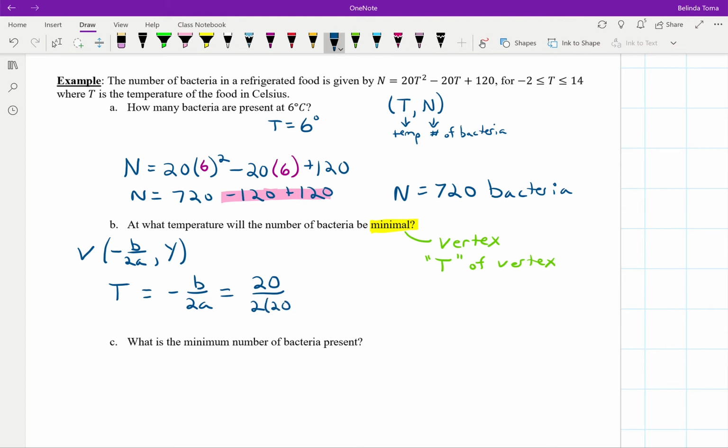So again, if we go back up here just to make sure we're clear, this is our A term, this is our B term, and our C term would be 120. So once we plug in those values for the opposite of B over 2A, we're going to get 1/2. That means at 0.5 degrees Celsius, the bacteria will be minimal.